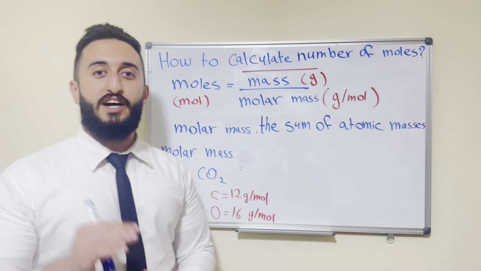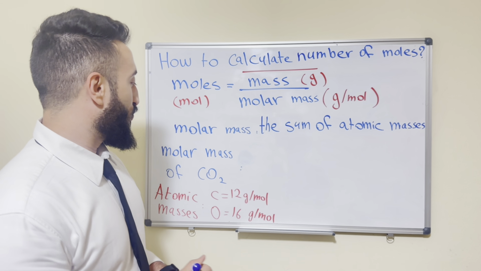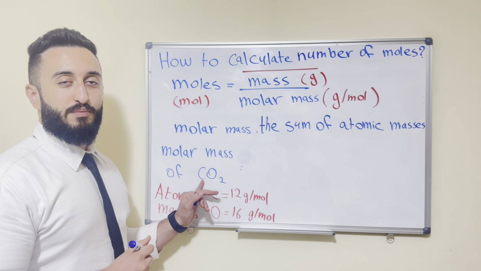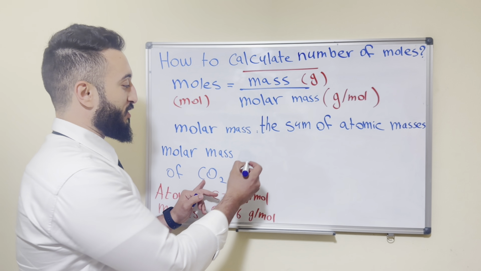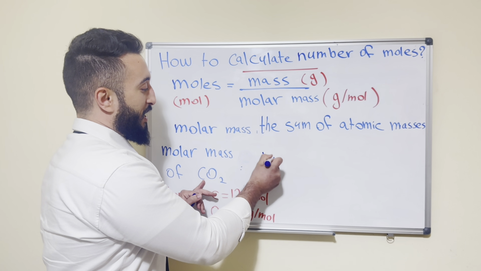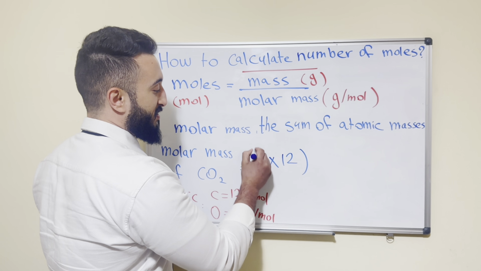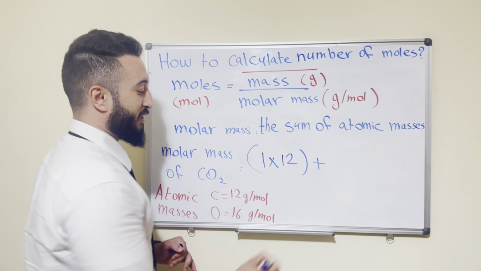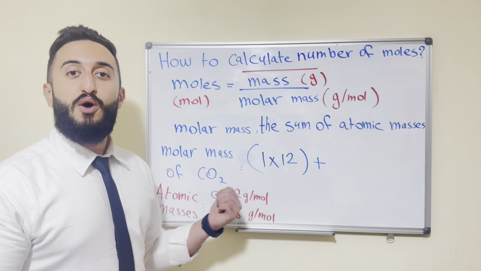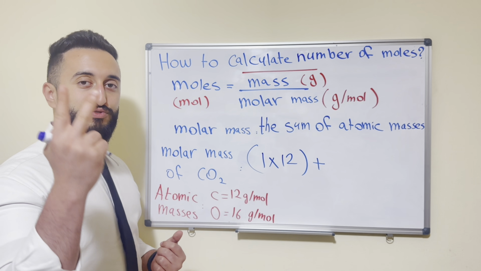And let's try to use our rule. What is the number of carbons here? Carbon has only one. So 1 times the mass of carbon, which is 12. So that's the first bracket, added to the second one, which is the oxygens. How many oxygens do we have? We have 2.